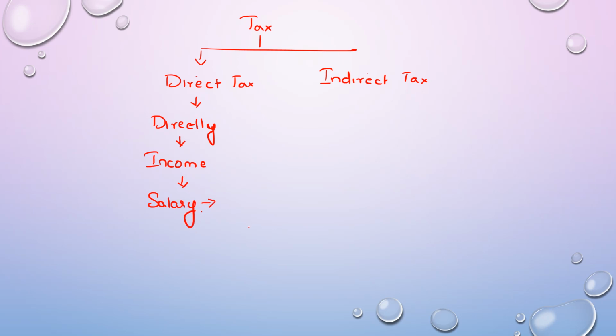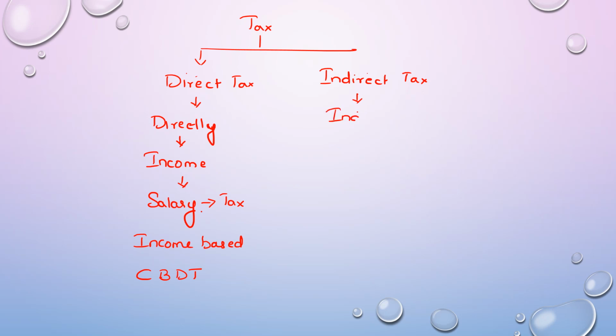On the salary which a person earns, he pays tax. So directly the person who is earning that income is being taxed here. So this tax on the income, that is salary, is called direct tax. Therefore, this direct tax is income based tax, and it is governed by an authority called CBDT, Central Board of Direct Taxes.